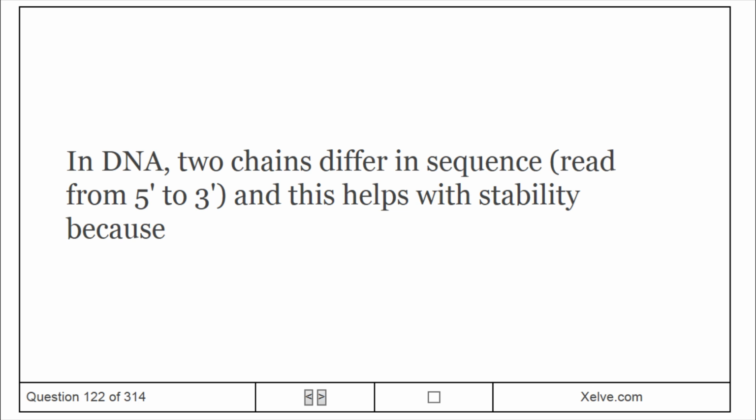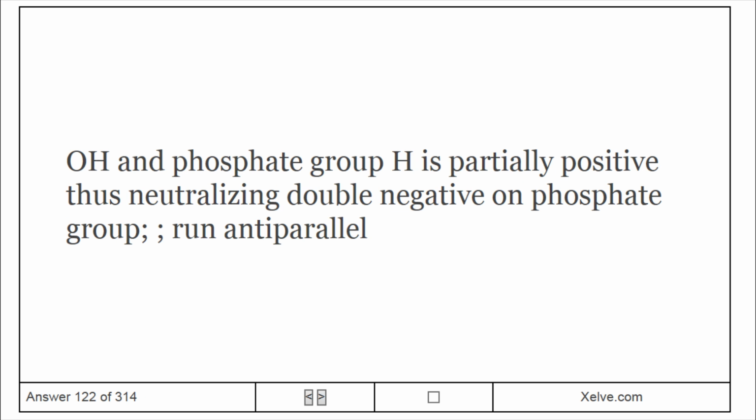In DNA, the two chains differ in sequence, and this helps with stability because the partially positive H neutralizes the double negative on the phosphate group. The strands run antiparallel.